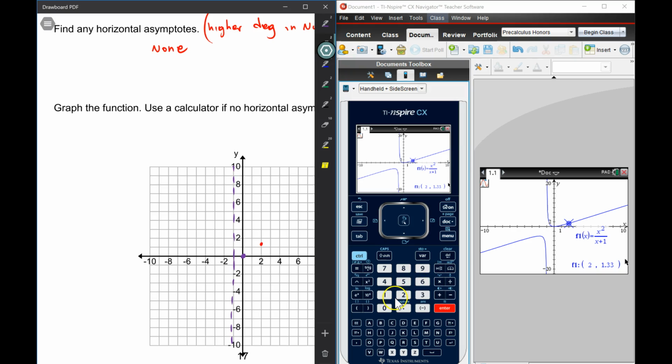So let's say, okay, I'm going to put in negative 0.5 right there, and it's 0.5 here. Okay, so that kind of gives me a guide on this side, and it looks like this. And then on the opposite side, let's put in like negative 2, and I get negative 4.